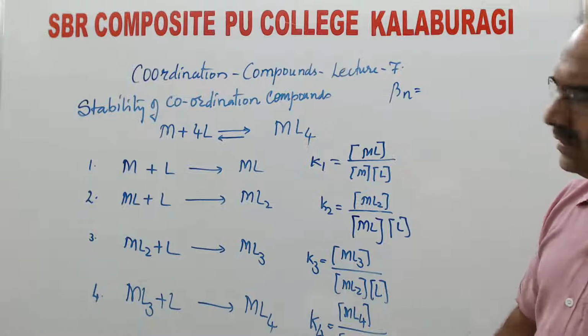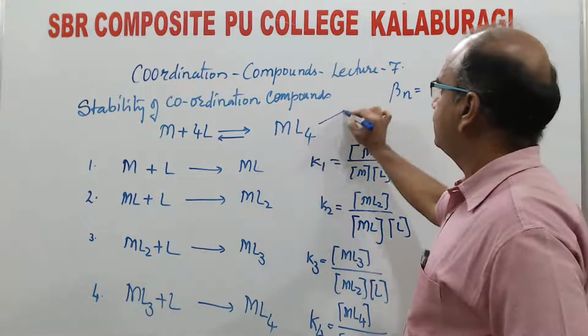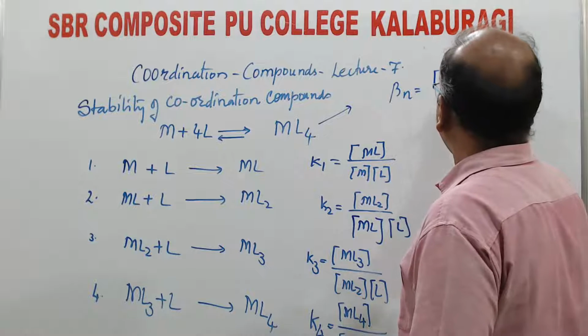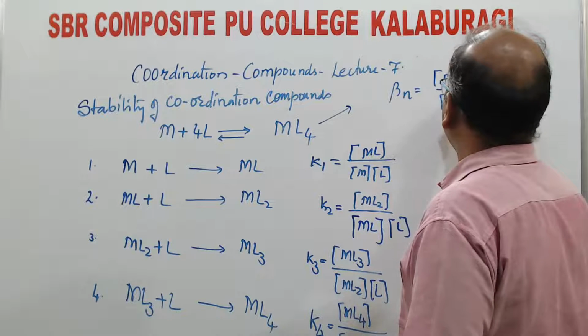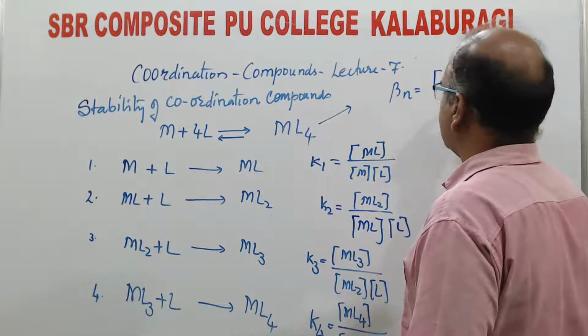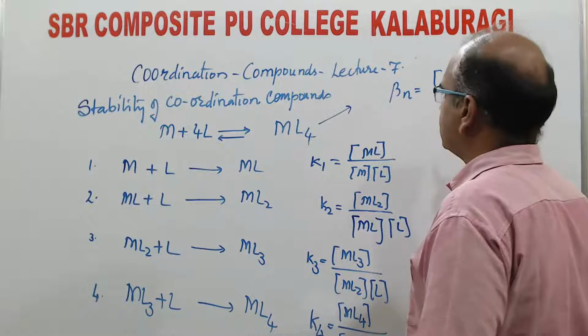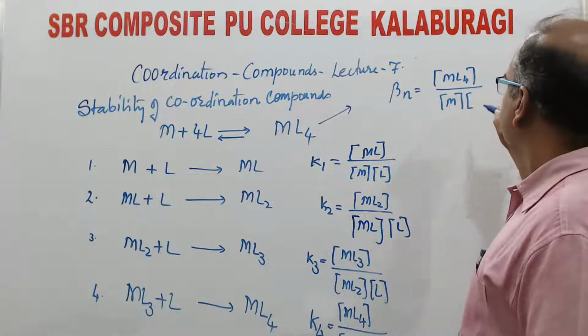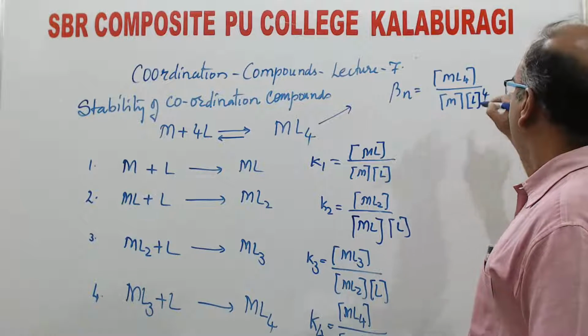It is ML4 divided by the molar concentration of metal into the molar concentration of the ligand L raised to 4.